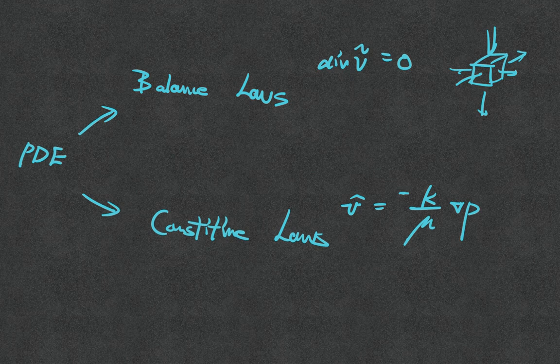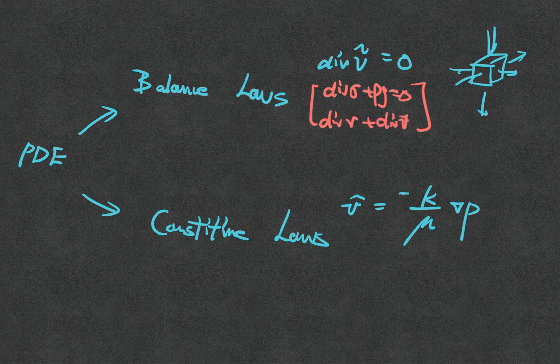Now in the second case that we covered, we relaxed that assumption so that the solid phase is now deformable, and then we get the divergence of sigma plus rho g equal to 0, and the divergence of v plus the divergence of the Darcy velocity equal to 0.